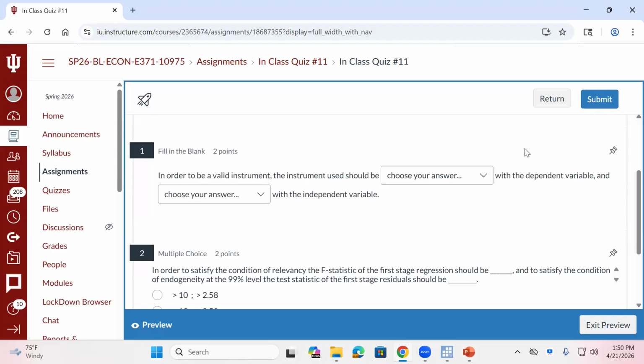If I'm conditioning on X, really the only thing left in Y is the error term. So you can think of it as uncorrelated with Y, but because to predict Y we are controlling for X, holding X constant, it's really that the instrument is uncorrelated with the error term in Y.